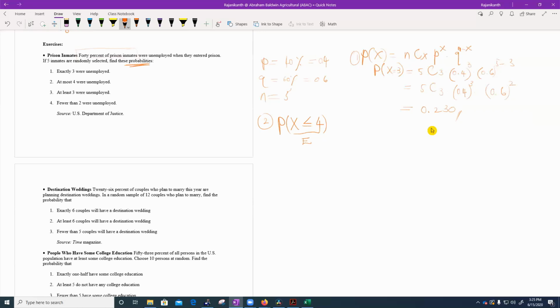So remember, I could change this at most in terms of the complement event. If your event E is x less than or equal to 4, that means my event E bar, the complement of this event, the negation of this statement, is going to be x bigger than 4, right?